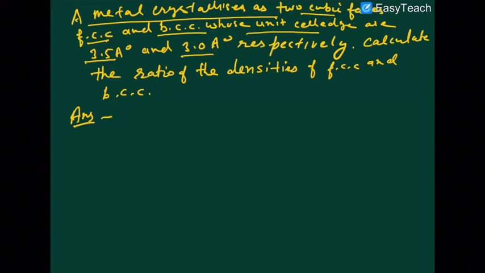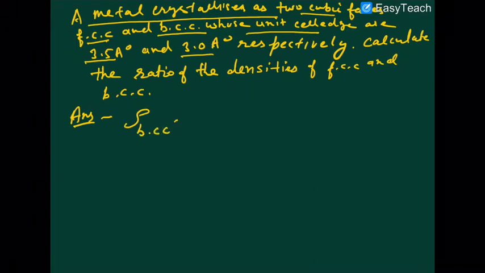Now the metal has the molar mass M, you know that. So the molar mass of the metal will remain the same. Then what can be the change in the two phases? Let's look at that.